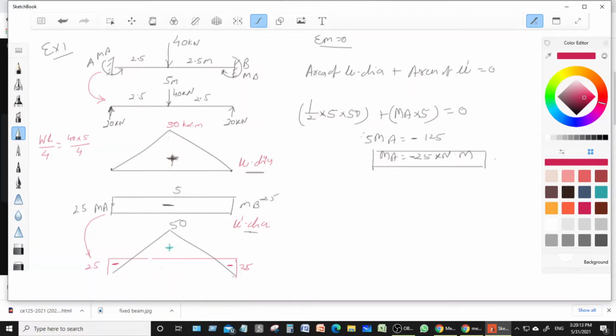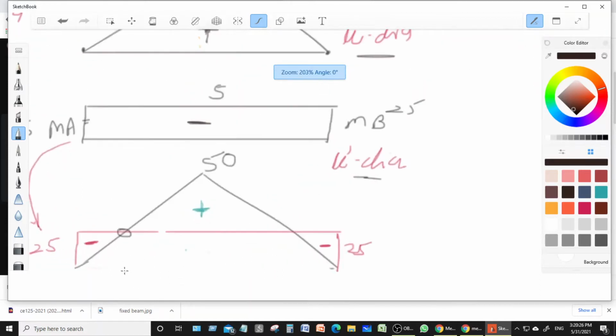If you look at the final bending moment diagram, you observe that at this point the moment is equal to 0, and the moment is changing sign from negative to positive, becoming 0.